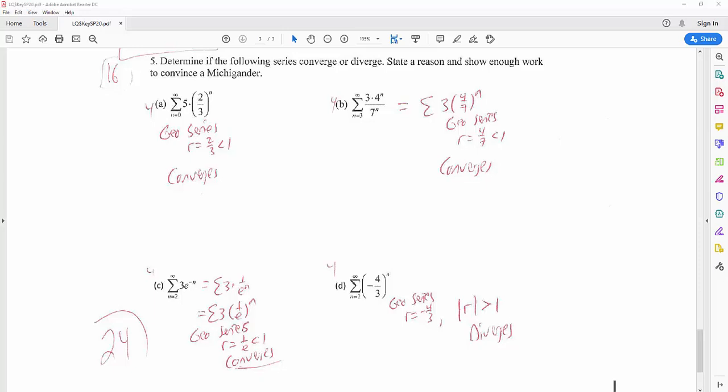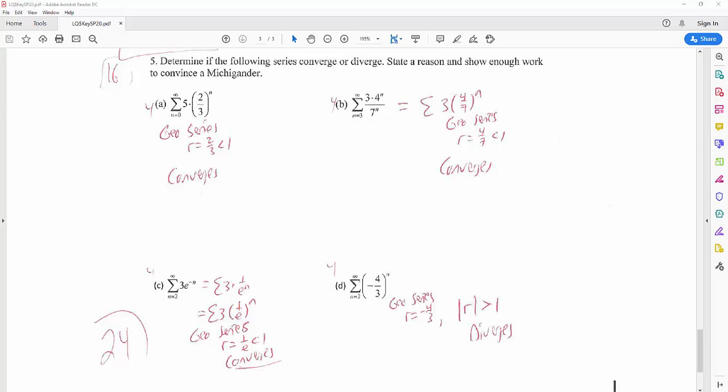R is equal to 1 over e, which is less than 1. Therefore, it converges. Whereas with D, it is a geometric series. R is negative 4/3. Since the absolute value of R is greater than 1, I know the geometric series diverges.